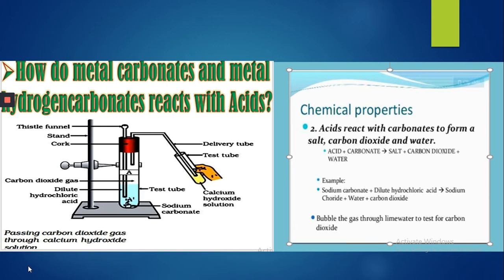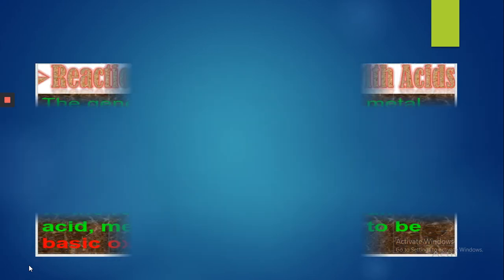For example, if sodium carbonate reacts with dilute hydrochloric acid, sodium chloride, water and carbon dioxide form. If we pass this carbon dioxide in lime water, the lime water turns milky. So if lime water turns milky, it means this is carbon dioxide gas.